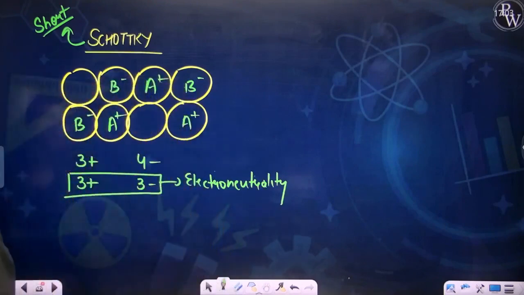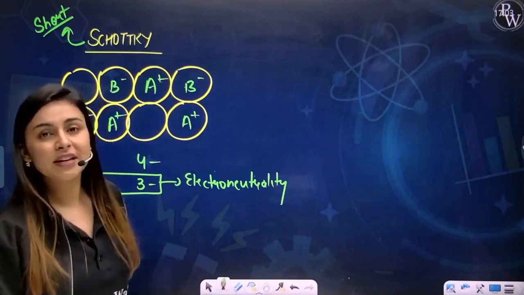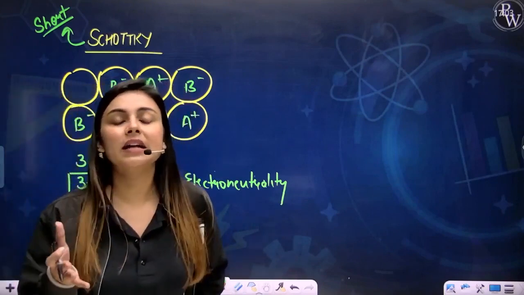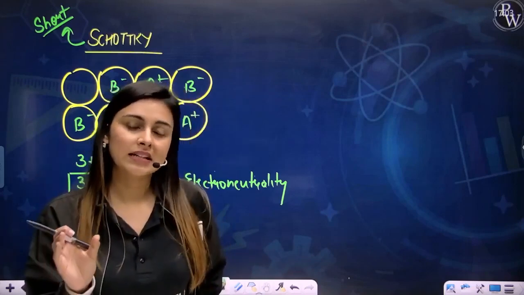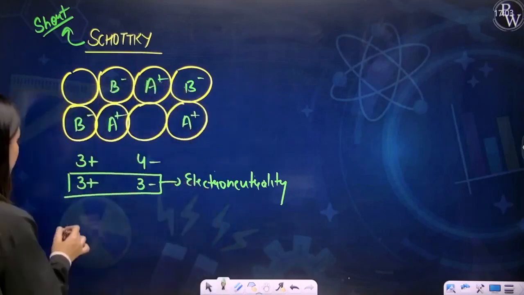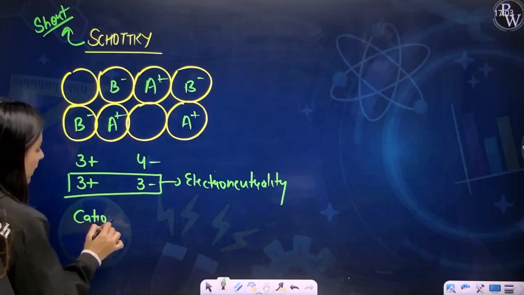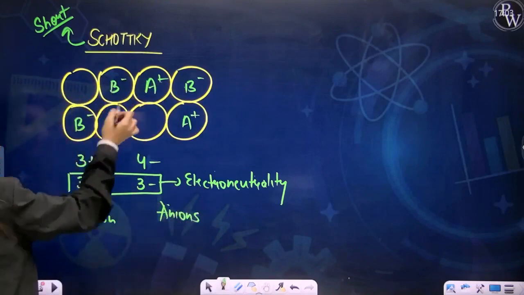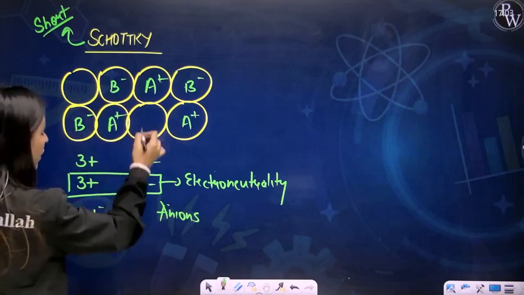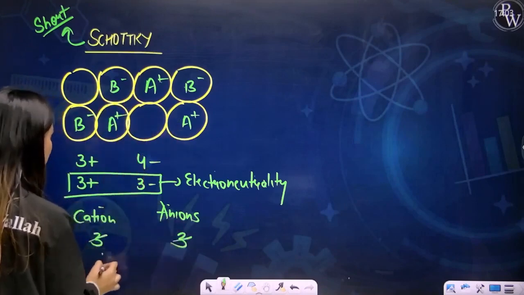Okay, so now my dear students, what happens in Schottky defect is equal numbers of cations and anions leave their sites. And now if you will see the ratio of cations to anions, what will you see? You have 3 cations and you have 3 anions. So the ratio is 1:1.